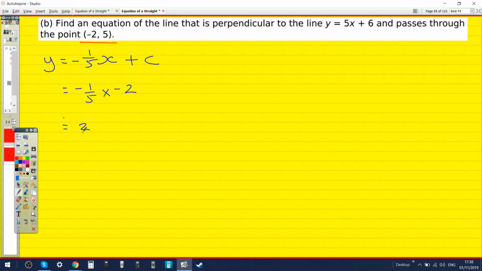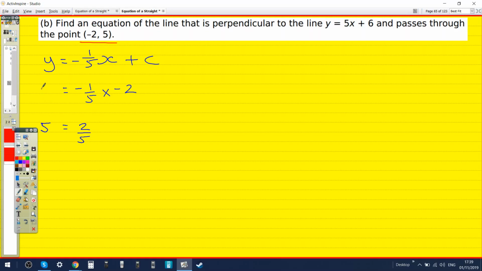And so y equals minus a fifth x plus 2 over 5. No. So what is y? You subbed in x is minus 2. Oh, it's 5.